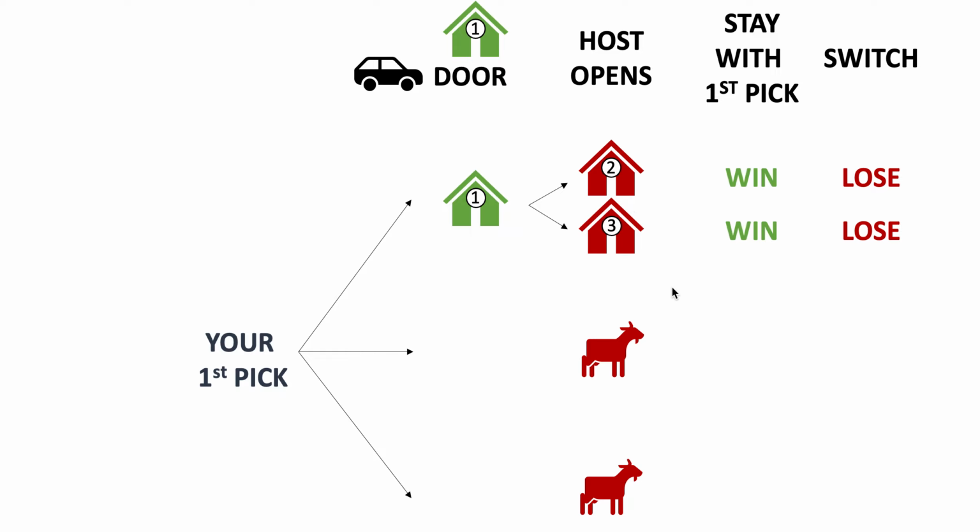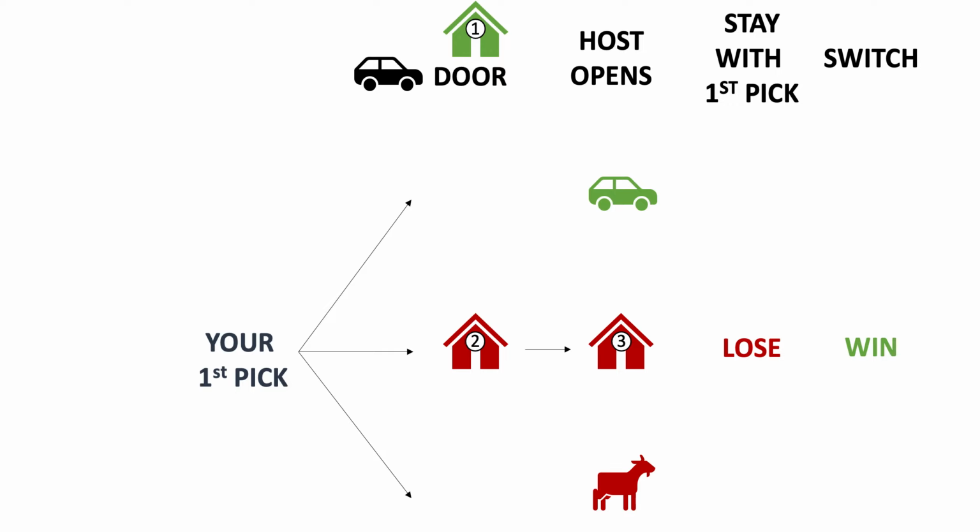Okay, now let's move to the second scenario where you initially pick a wrong door, door 2, and then Monty does not have an option to open. Really, he has only got door 3 to open because you picked door 2. He cannot open door 1 and reveal the car and end the game right away.